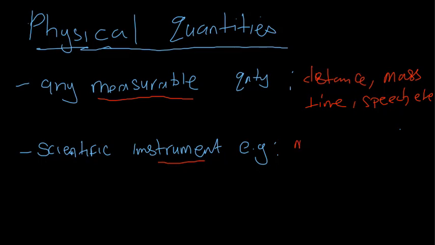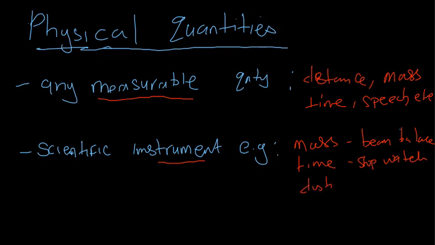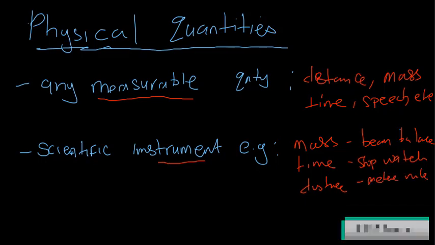For example, mass can be measured by a beam balance, time can be measured by a stopwatch, or distance can be measured by a meter rule, and so on and so forth. So each physical quantity has its own specific scientific instrument that is used to measure it.